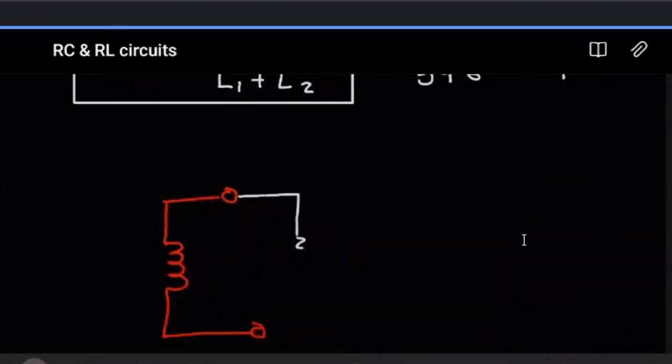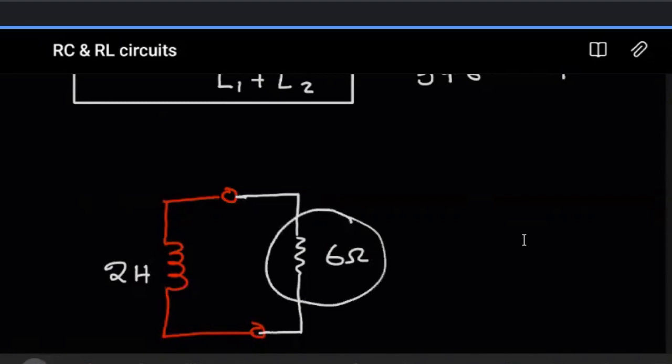So we combined those two inductors so that now we are only viewing them as one inductor. Because of that, all we have to worry about is the effective inductance and the resistance viewed from the terminals of the inductor. Because we only have one resistor, the equivalent resistance of our circuit will be just 6 ohms. And the inductance L is going to be 2 henries.